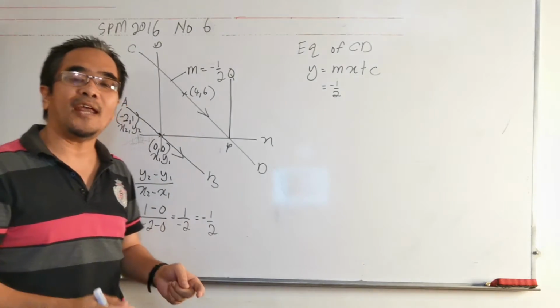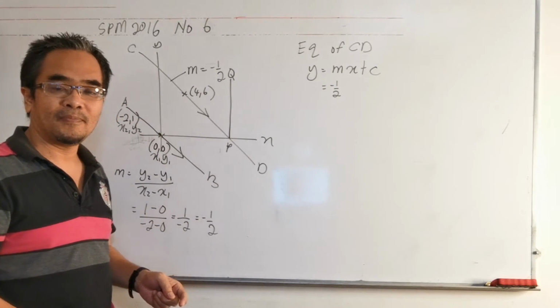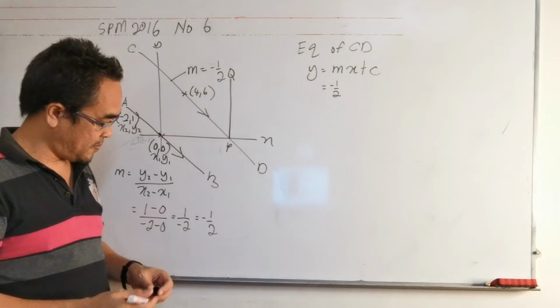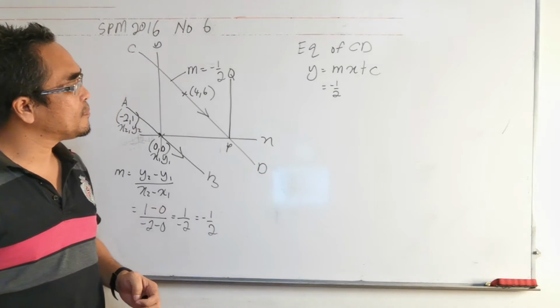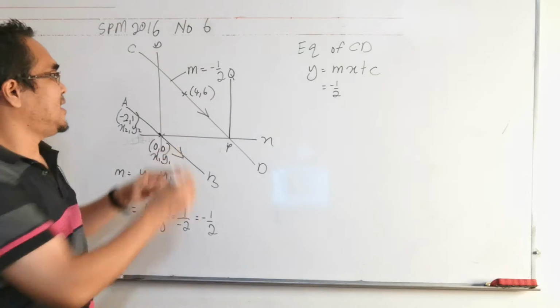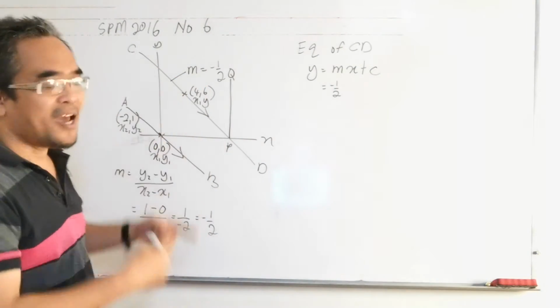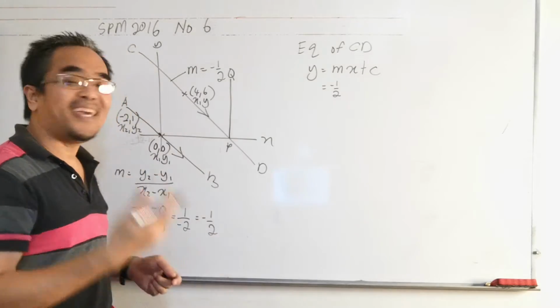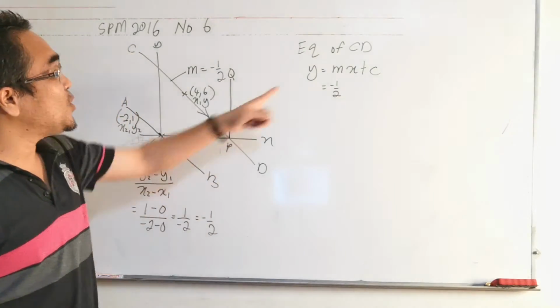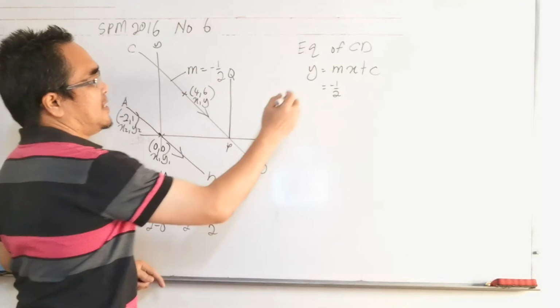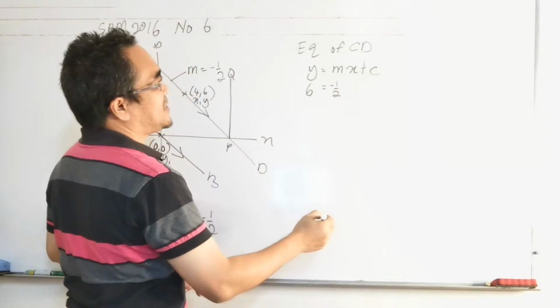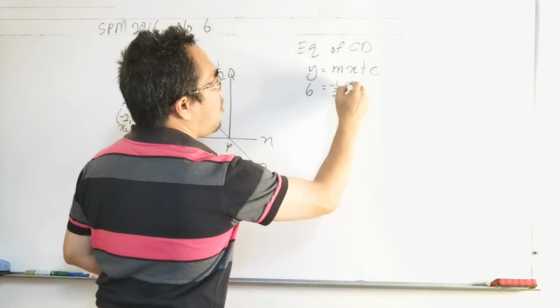So is there any coordinate on the line CD? Yeah. 4, 6. So x is 4, y is 6.